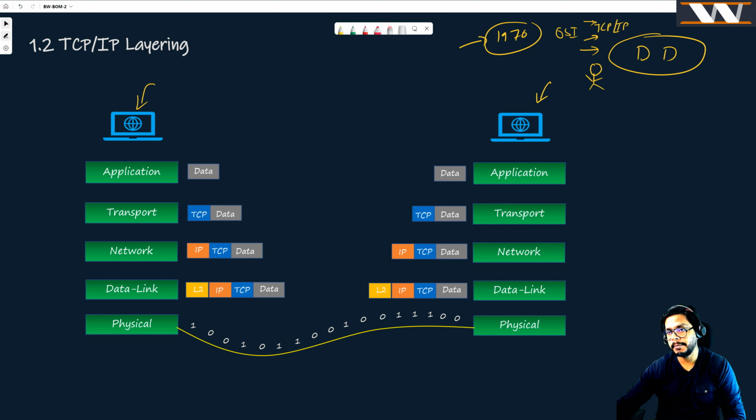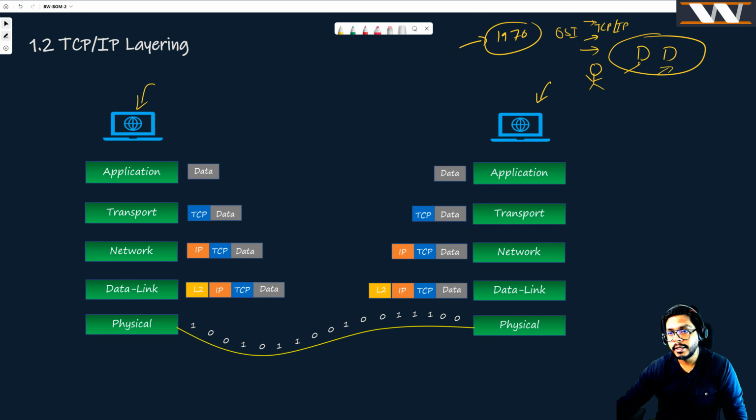The problem was again how to make sure that these two computers are talking, right? Or can talk. And believe me, this is the simple approach that these guys were also taking.